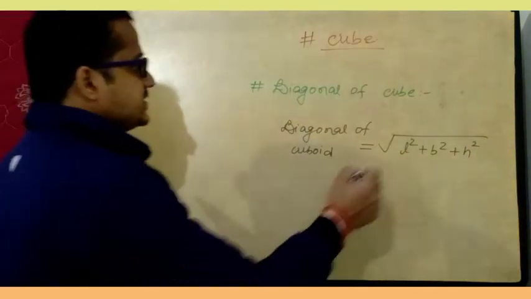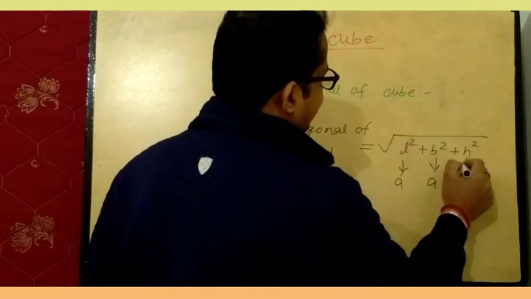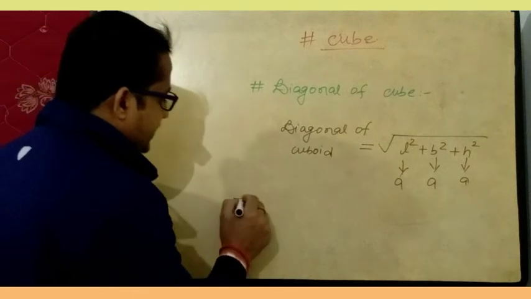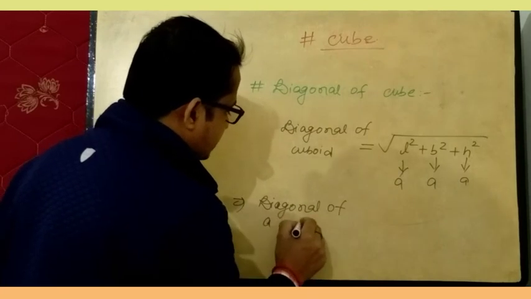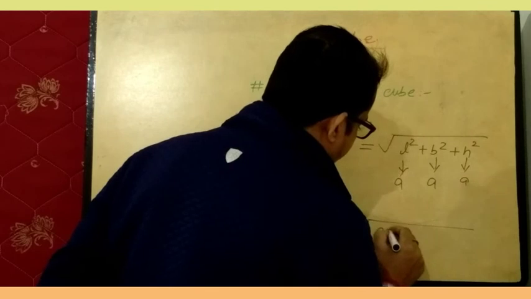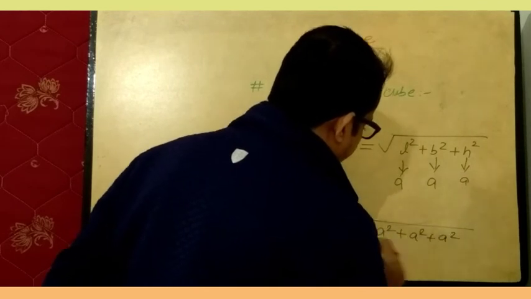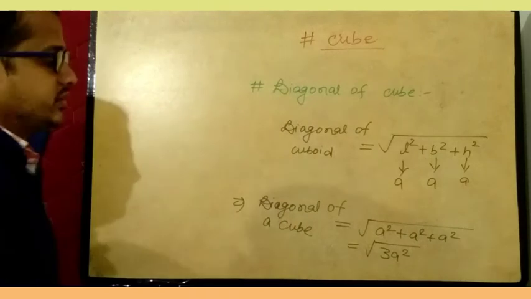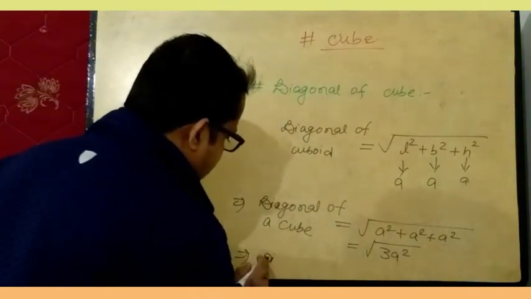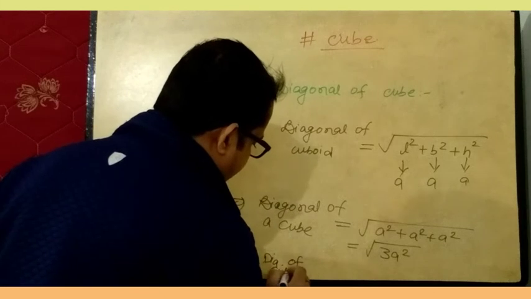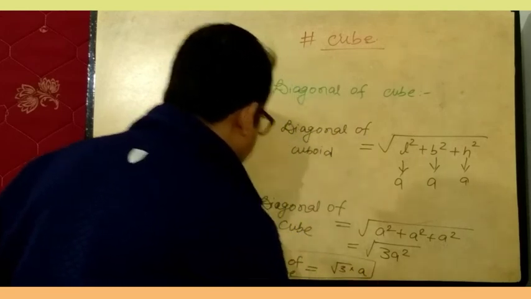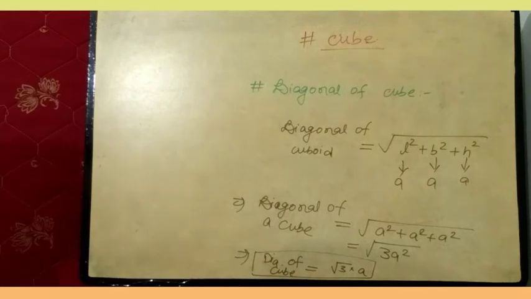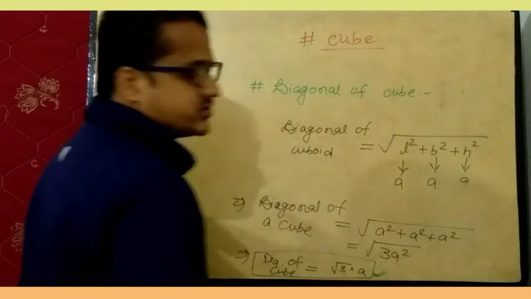In case of a cube, L equals A, B equals A, as well H equals A. That is, we can say that diagonal of a cube equals root over A square add up A square add up A square, then this is 3A square under the root, that is, diagonal of cube equals root 3 into A. By using this formula, we can calculate diagonal of a cube, and that equals root 3 into side of the cube.